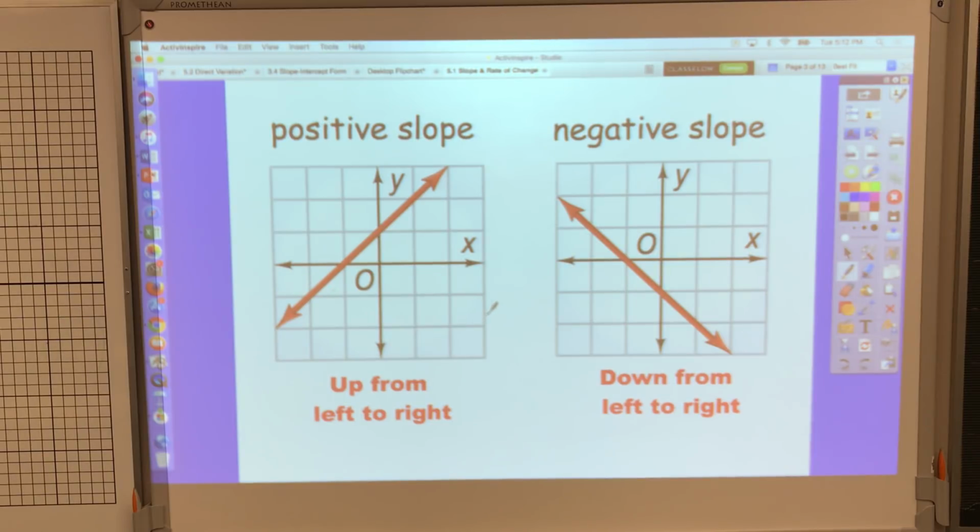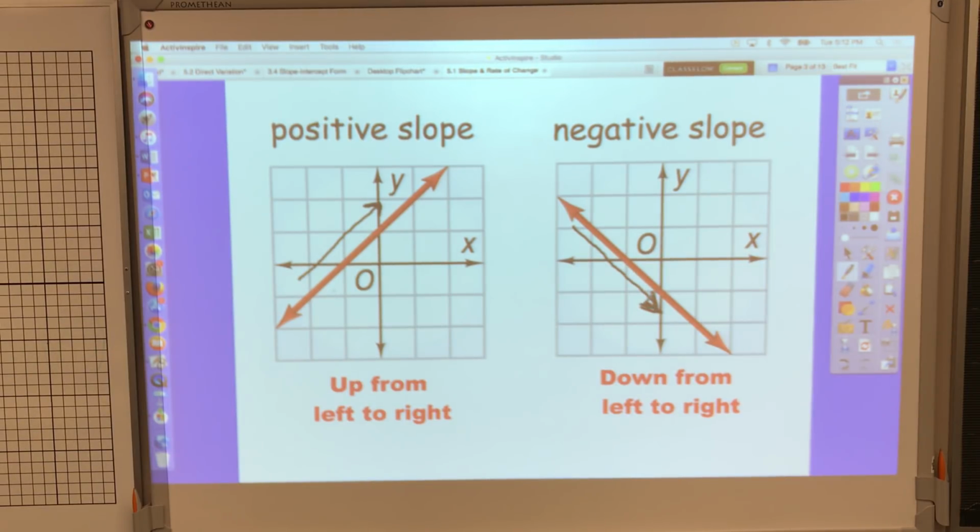There are 4 different types of slope. The most common is you have a positive slope, so as we look from left to right, just like when we're reading a book from left to right, we are going up along that line. Okay? Whereas for negative slope, when we look from left to right, that line is pointed down.